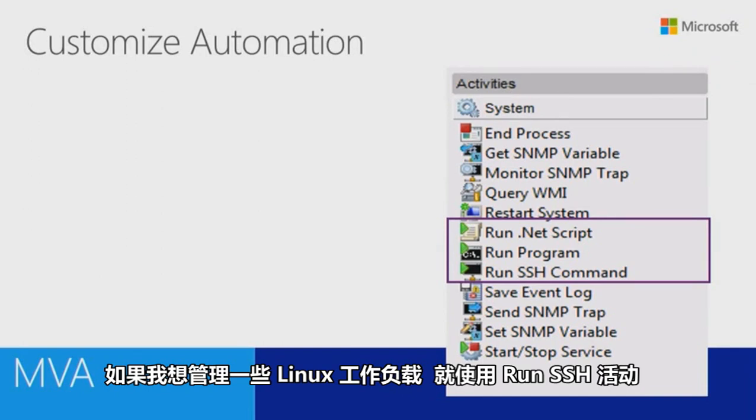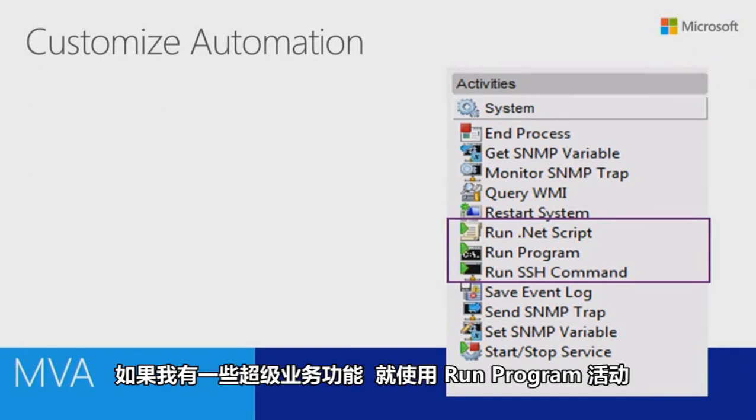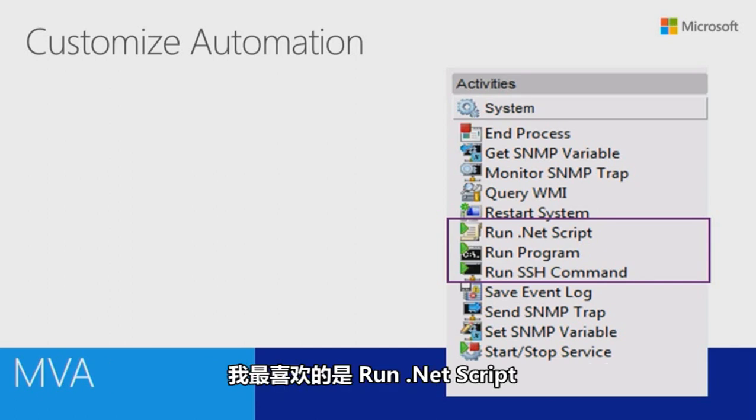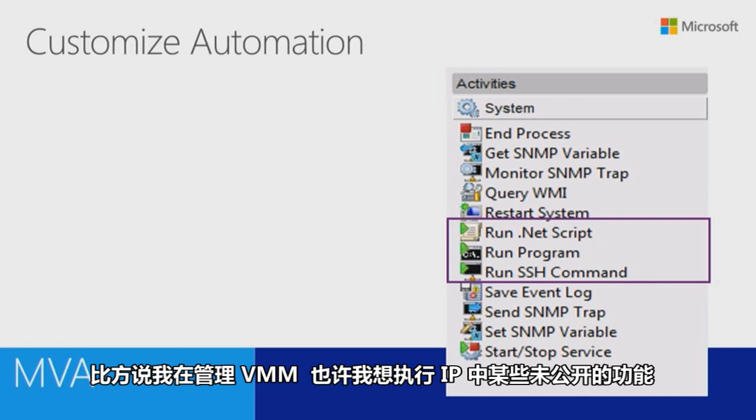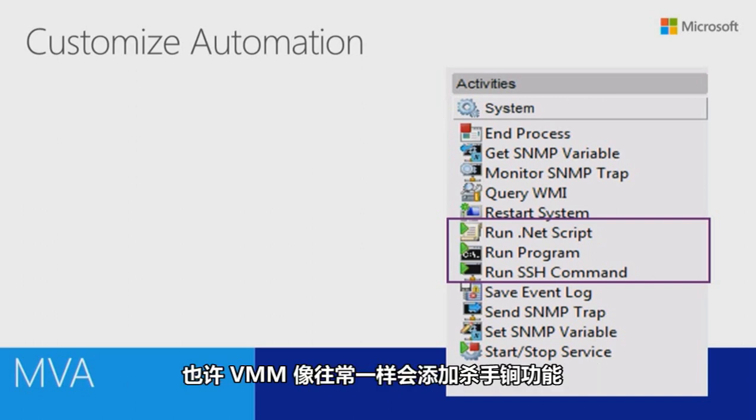I mean, run SSH if I want to manage some Linux workloads, run program if I have some Simon.exe that does some super business function inside of my org. My favorite one, run .NET script. I can actually put PowerShell workflows into the script and execute PowerShell cmdlets. So say I'm managing VMM, maybe there's something in the IP that isn't exposed that I want to do.